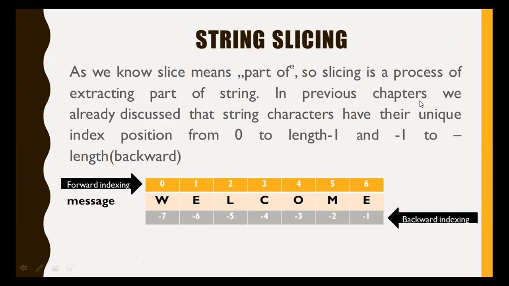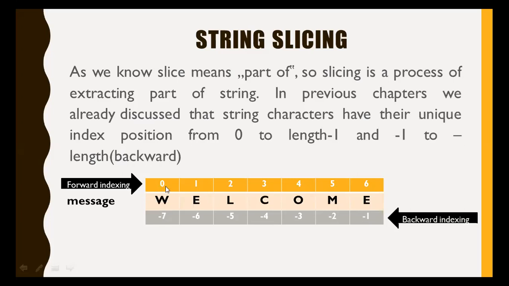In a previous chapter, we discussed that string characters have a unique index position beginning from 0. The second character of the string is at position 1, and the last is length minus 1, and minus 1 from the last is the negative index, backward.